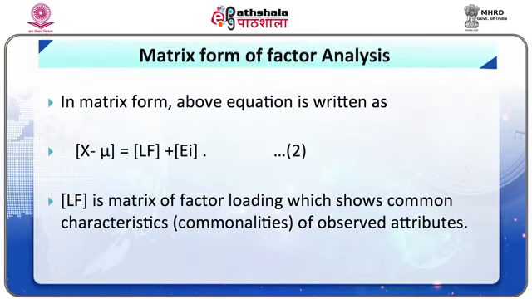In matrix form, the above equation is written as x minus mu equals Lf plus e. In this equation, L is the matrix of factor loadings, which shows the common characteristics, that is, the communalities of observed attributes.